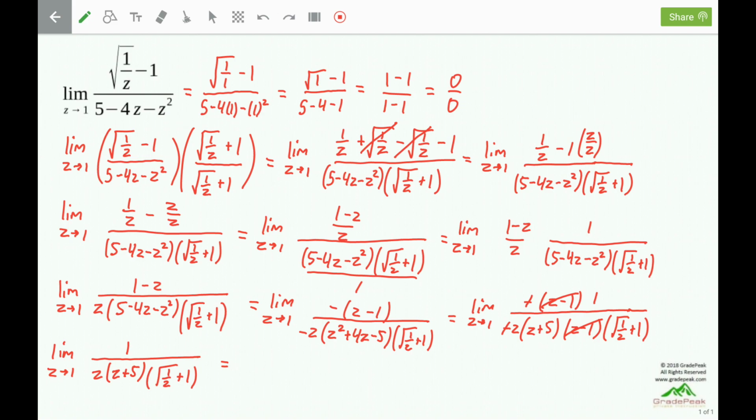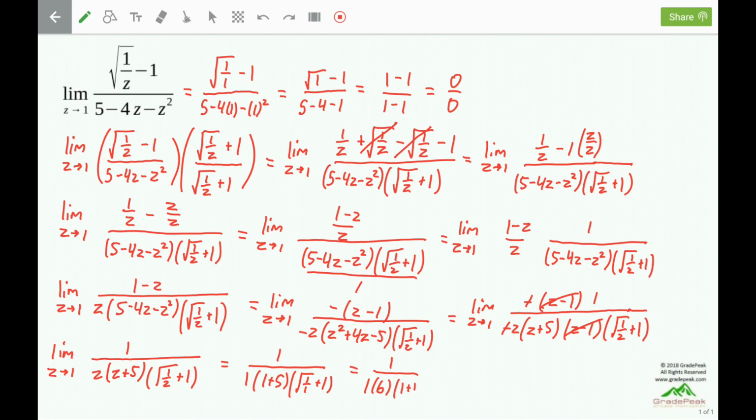We can now try plugging a 1 in for each of the z's. We've removed the 0 over 0 factor. 1 over 1 times 1 plus 5 times the square root of 1 over 1 plus 1, which will give us 1 divided by 1 times 6.